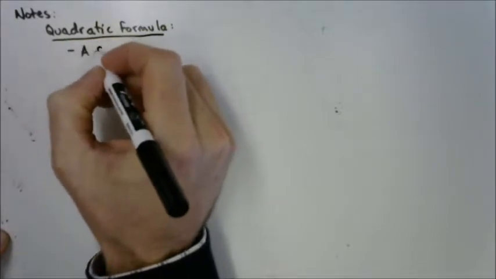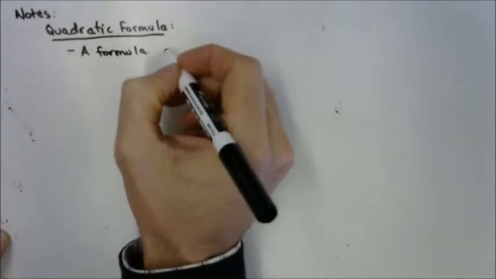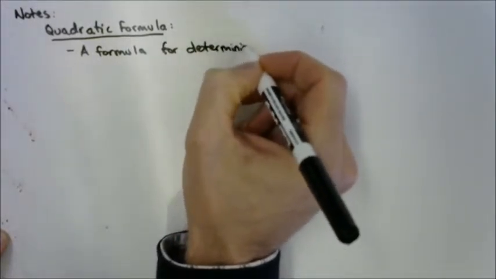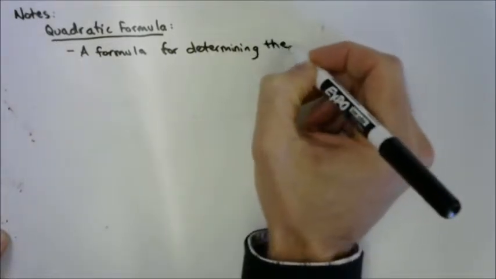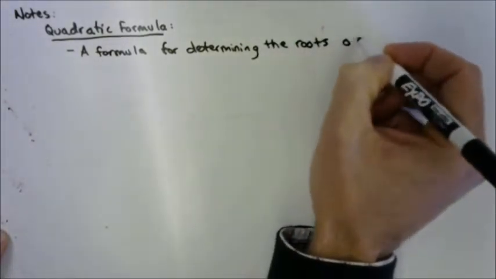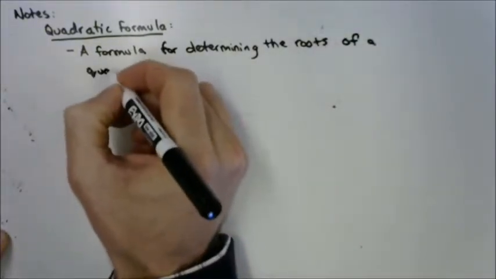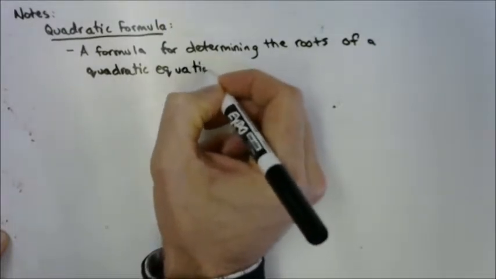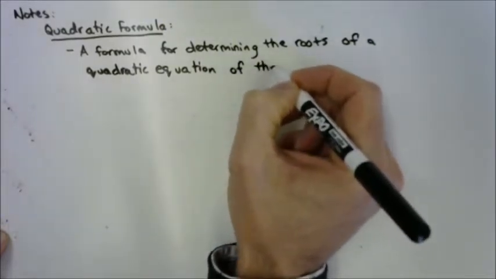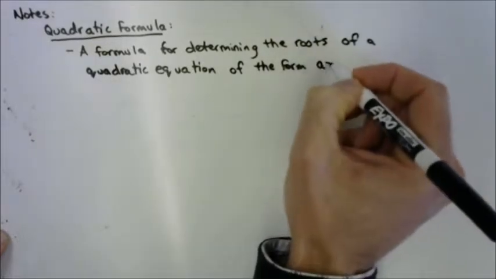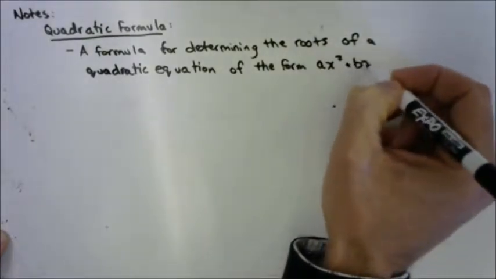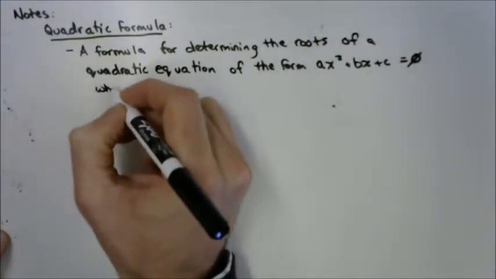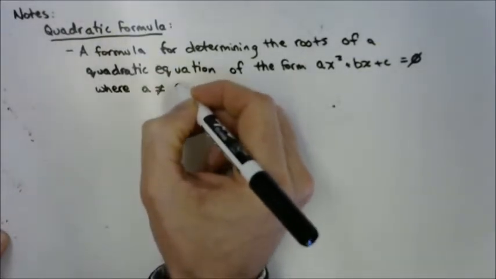This is a formula for determining the roots of a quadratic equation of the form ax squared plus bx plus c equals 0, where a cannot equal 0, and we've seen that before.